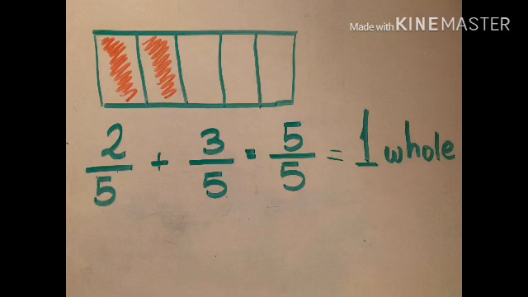If we make a fraction for the shaded part, we can use the fraction 2/5. And for the unshaded part, we can use the fraction 3/5. If we put these two fractions together, we will have 5/5. That becomes a whole.